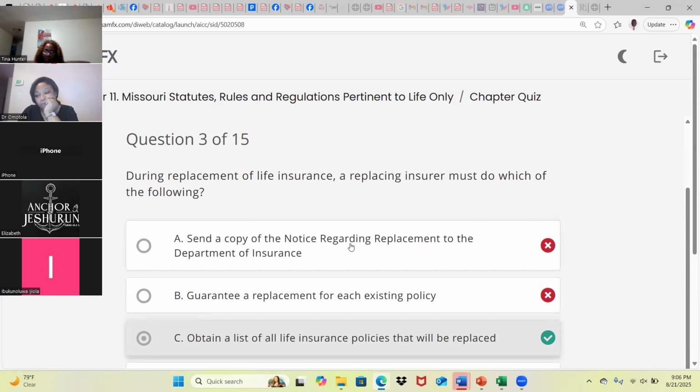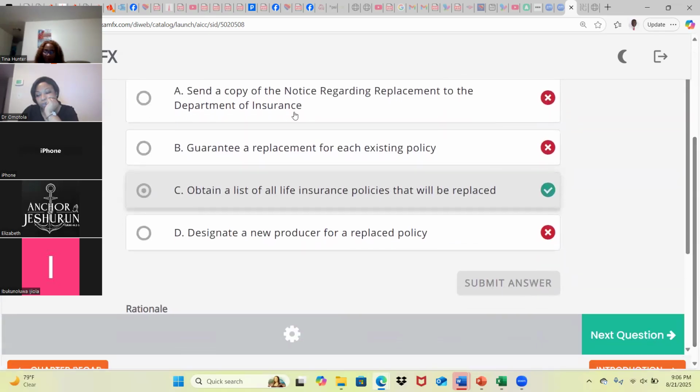Sending a copy of notice regarding replacement to the Department of Insurance can happen later. But during that phase of replacement, they have to obtain a list of those insurance policies. So on the basis of prioritizing the point of replacement, C is the appropriate answer.